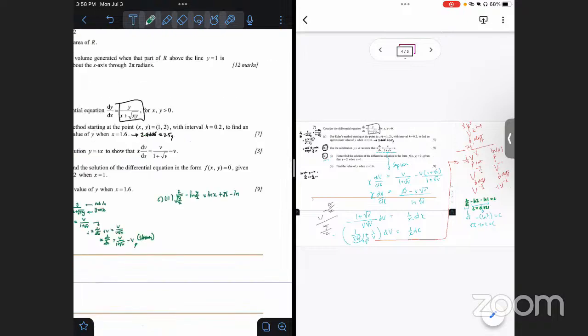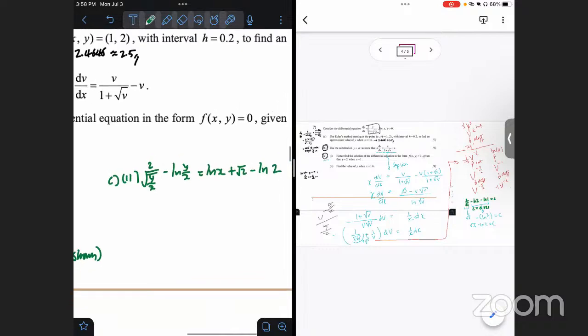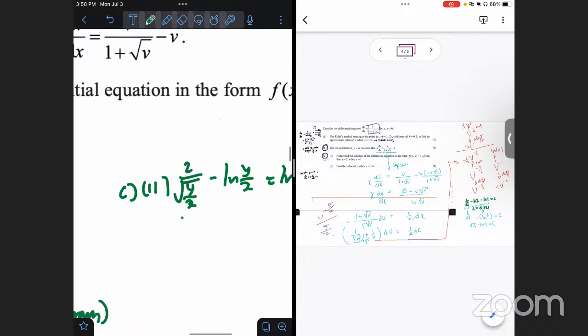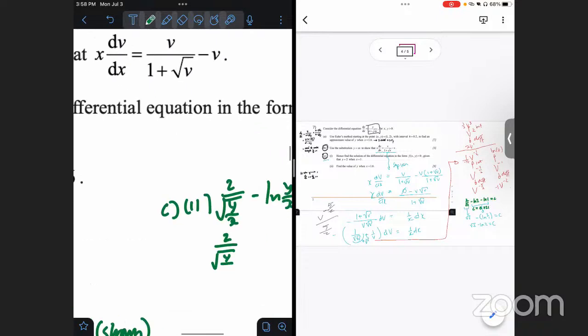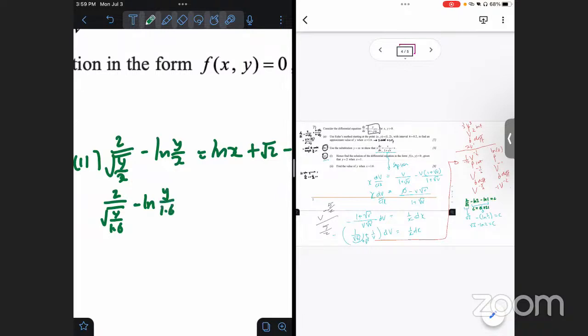So it turns out that it was correct on my side. Once you're ready, I can talk about question 4 again, and then integrating factor, right?